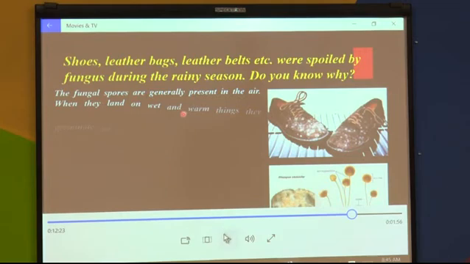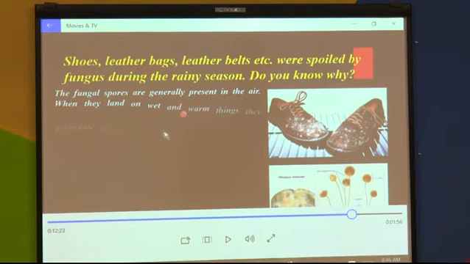The fungal spores are generally present in the air, and because of that they can settle on these leathery things and grow on them.